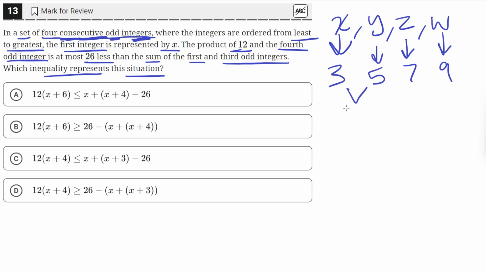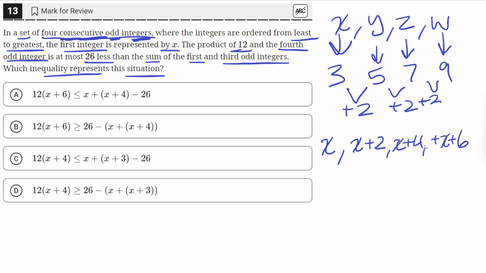So what can you tell from these? We can tell that from one to the other, it's always a difference of 2. So what we can do is rewrite y, z, and w as x plus 2, x plus 4, and x plus 6. So y, z, and w are just x that have had a 2, another 2, and a third 2 added.